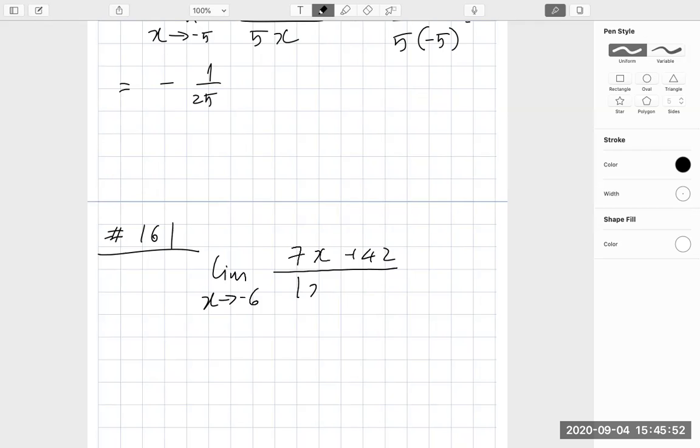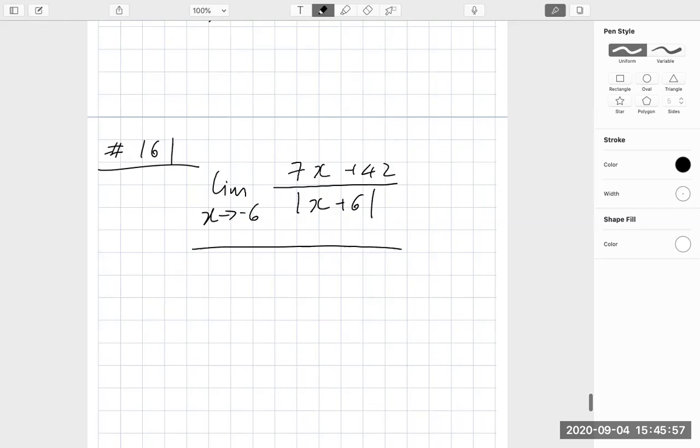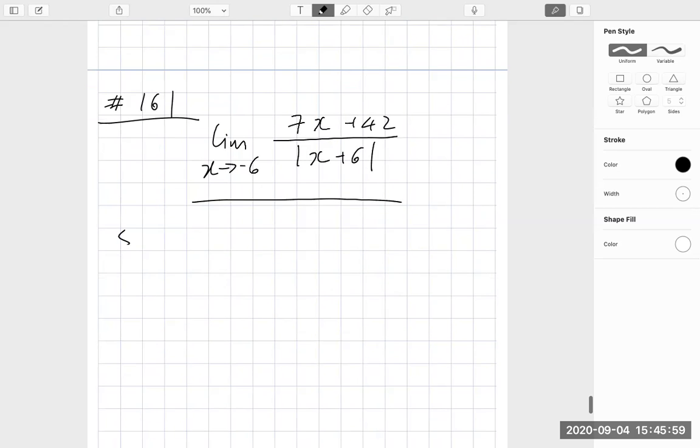Now, before doing this, let us consider the denominator.